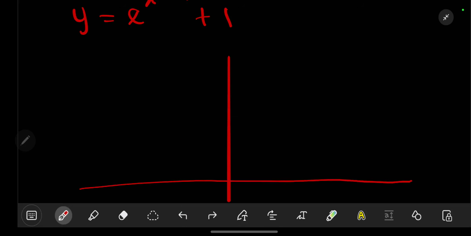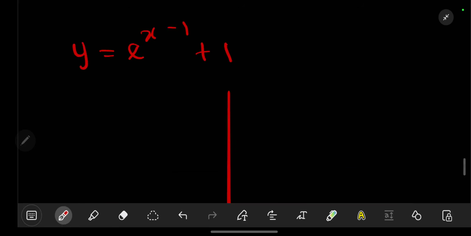So we are going to say this is an increasing function, therefore as x increases, it is going to go like that. So this will be our equation y equals e to the power x, like that.